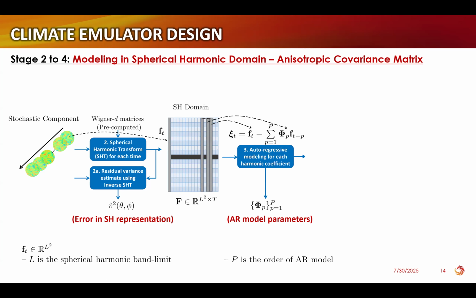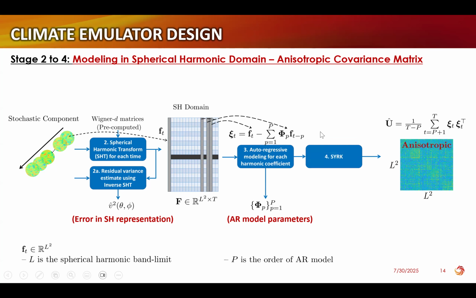Using this, we simply compute the Gram matrix, and that results in the covariance matrix. We estimate the covariance matrix using this equation, and what we get eventually is a matrix of size L squared by L squared. If you're using the 25 kilometer resolution data, the size of this matrix would be roughly 0.5 million by 0.5 million.